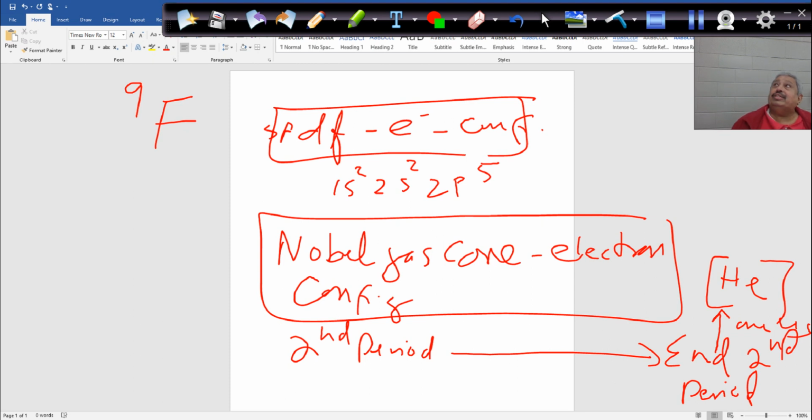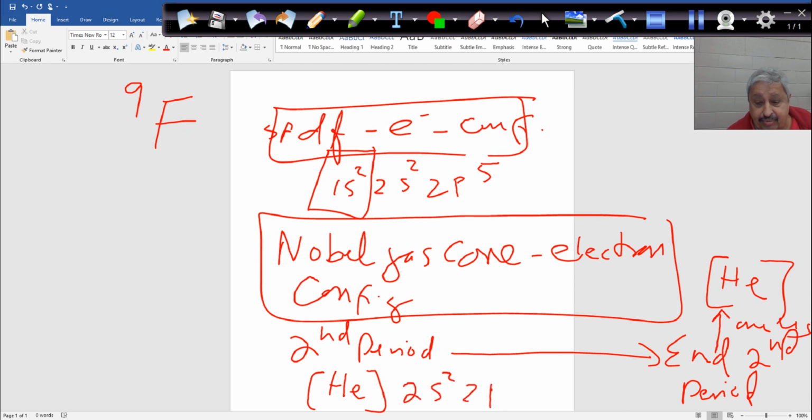So helium, how much? It has 2, correct? Helium is 2, so therefore I can eliminate this. I said this is helium because it has 2 electrons, and then 2s2, 2p5. This is the noble gas electron configuration.